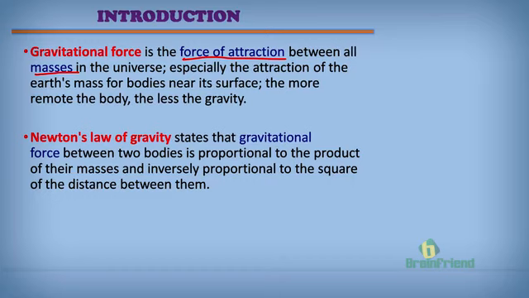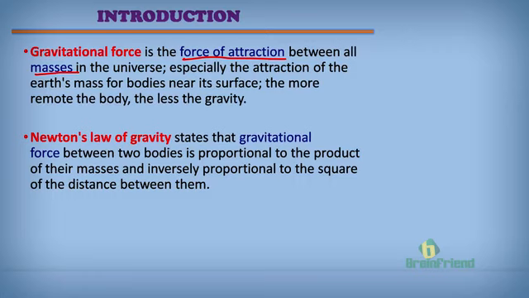Also, there is a law governing the force of gravity, or what we are going to look at today as a gravitational field. That law was put together by Sir Isaac Newton. It is called the law of gravity, or gravitational what? Law of motion. The law states that the force of attraction between masses is directly proportional to the product of the masses and inversely proportional to the square of the distance between them.